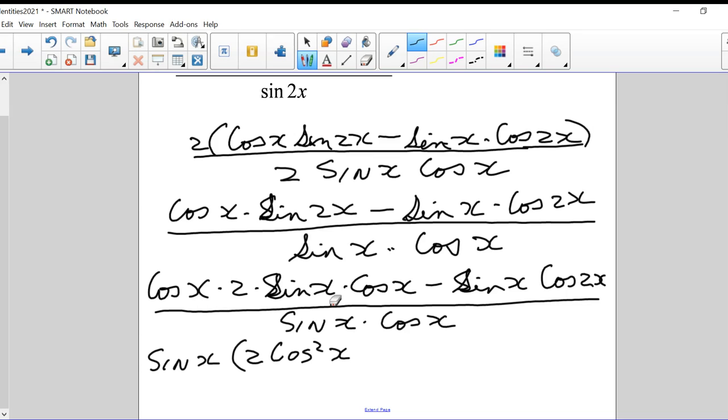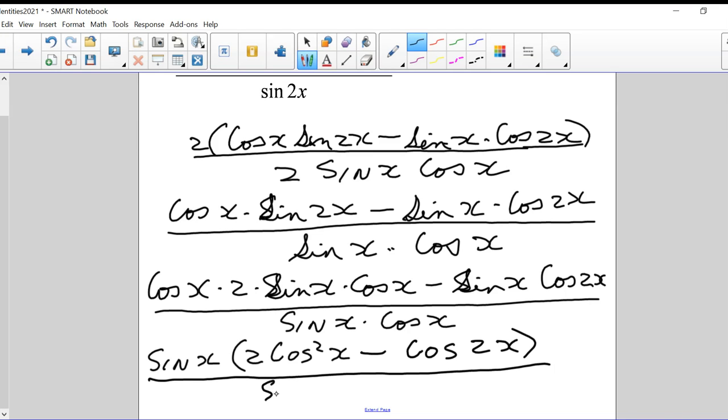Because I factored the sine x out of this part here, minus cos 2x, all over sine x dot cos x.